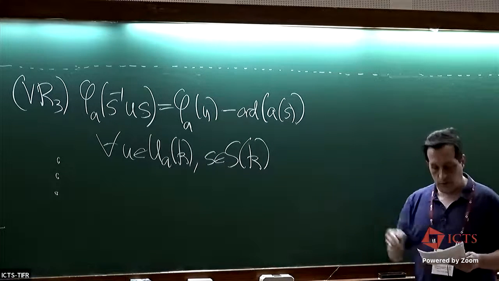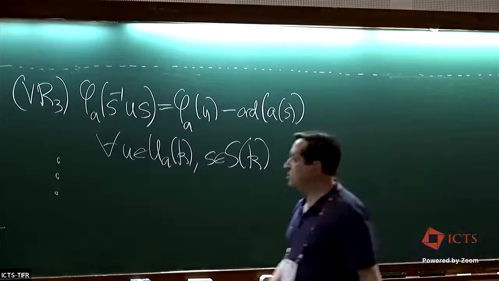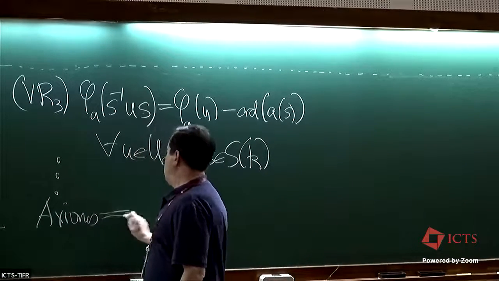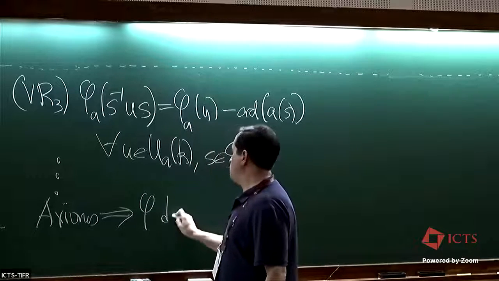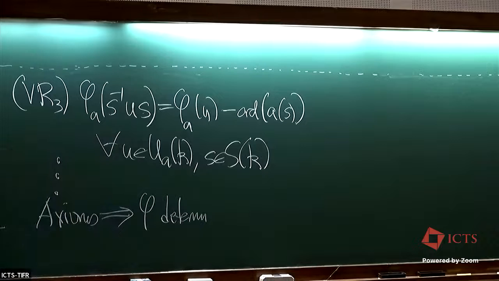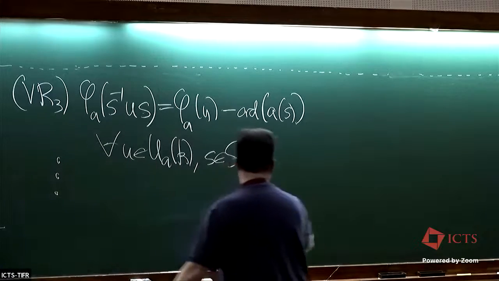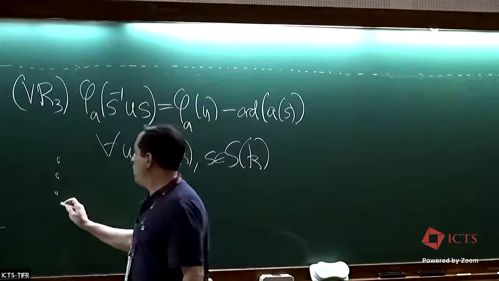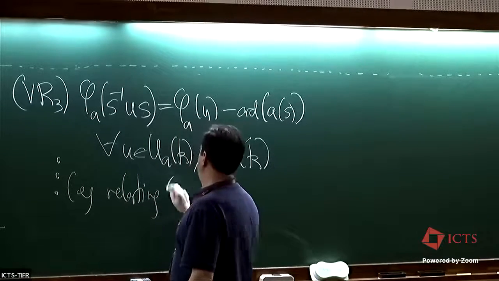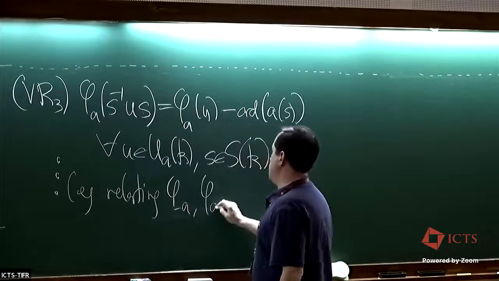So anyway, there is this concept. And let me just say, the full list of axioms has the pleasant consequence that phi is completely determined. Just to give an example of an axiom that I'm not telling you, there are more axioms such as relating phi minus a and phi a.